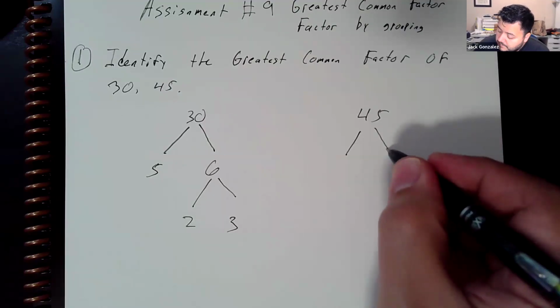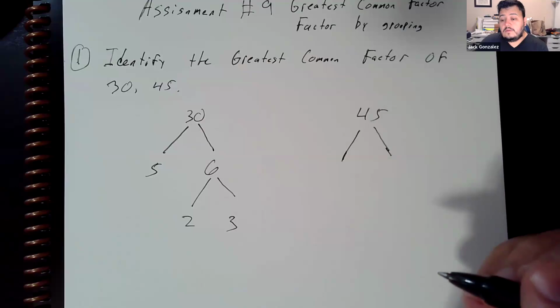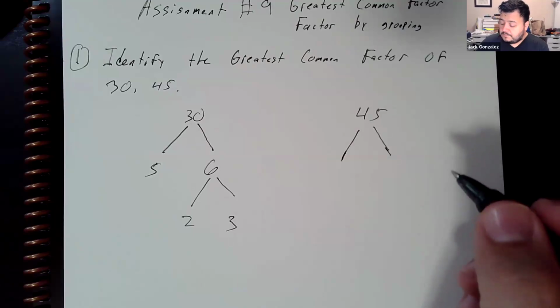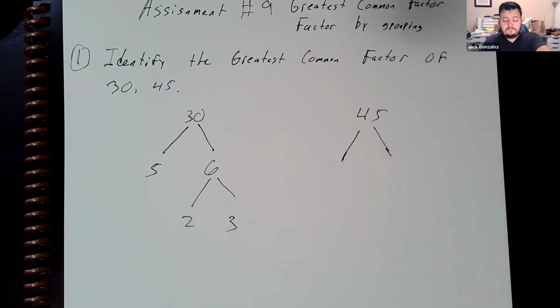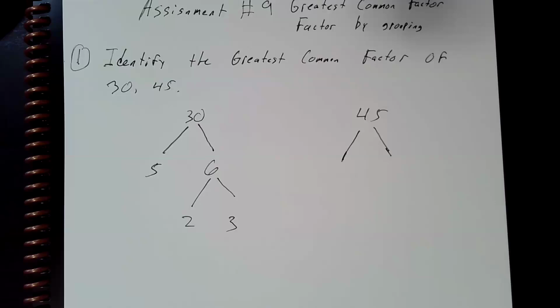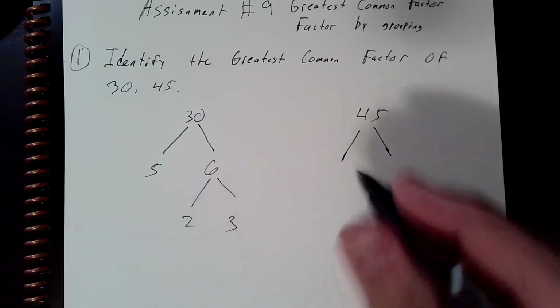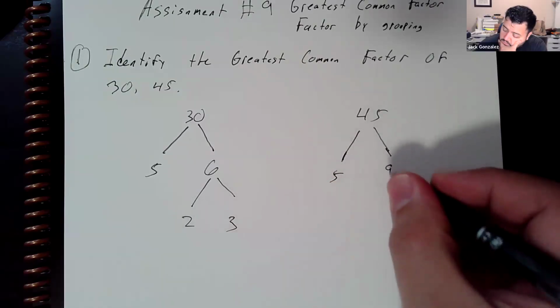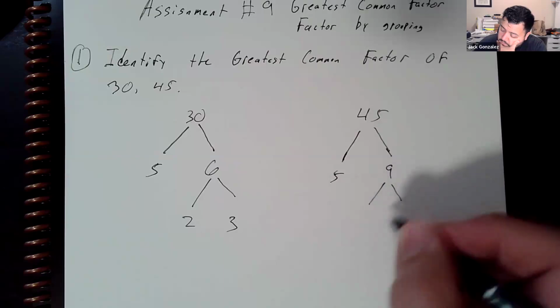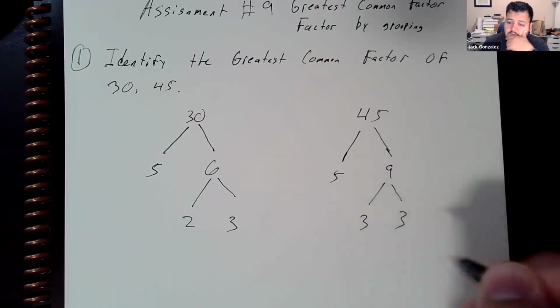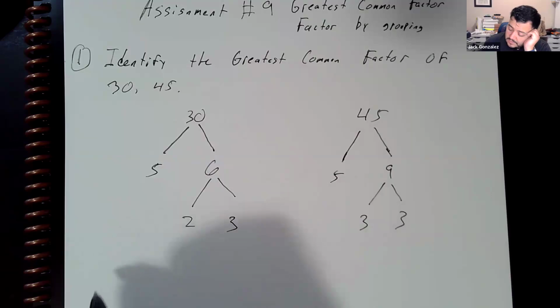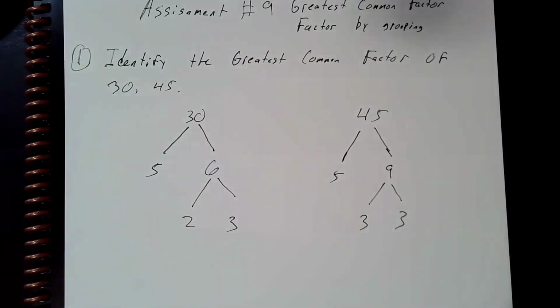What's some good factors of 45? Doesn't matter, just any of them. 5 times 9. Yeah, let's try that. 5 again is prime, and then factors of 9. So we can say that what they have in common is what?